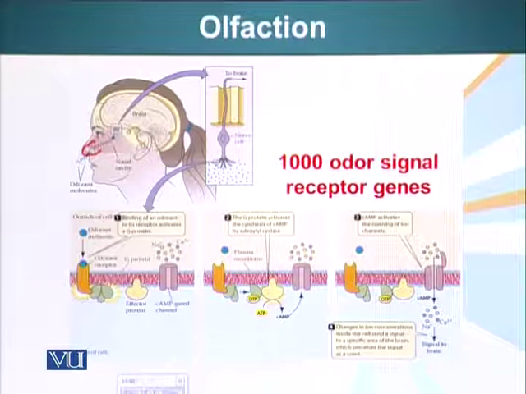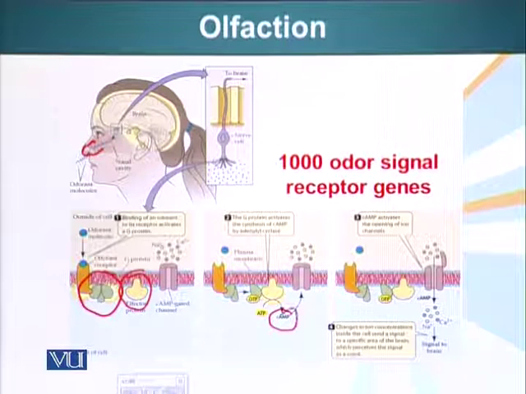This conformational change is recognized by a G protein, which is activated. The G protein exchanges GDP for GTP. The alpha subunit dislocates and binds the effector molecule, which is adenylyl cyclase, as we know. Adenylyl cyclase produces cyclic AMP.